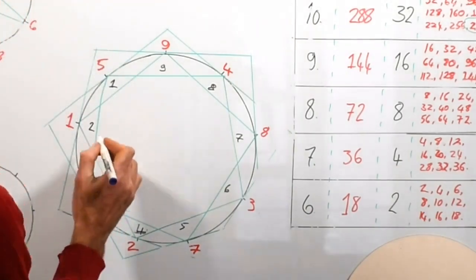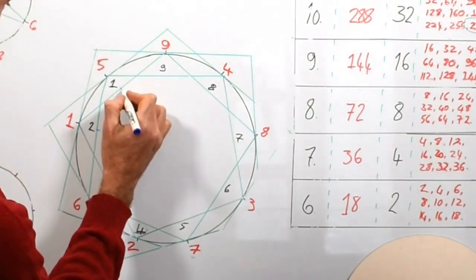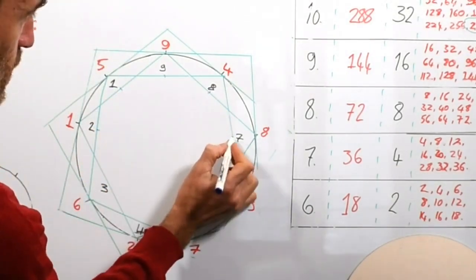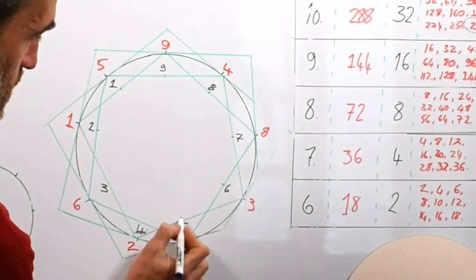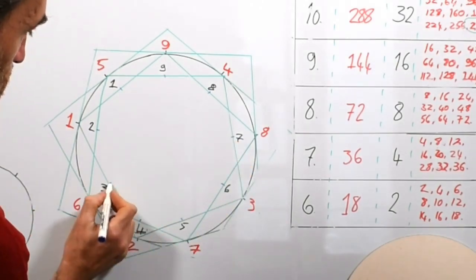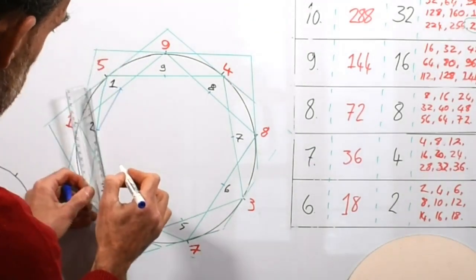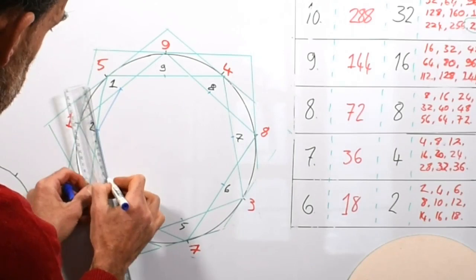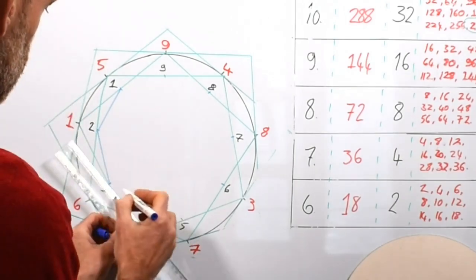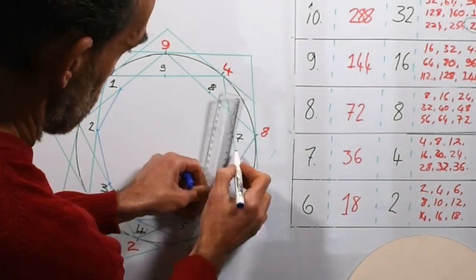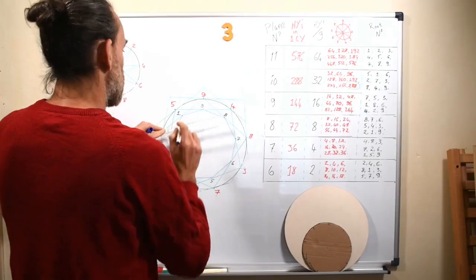So I'm just going to make life easier for myself, just mark off midpoints, more or less. This is not geometric precision here, but 1 to 2, we're doing a dot to dot in numerical order, just like we did last time. And back to the 1 again.